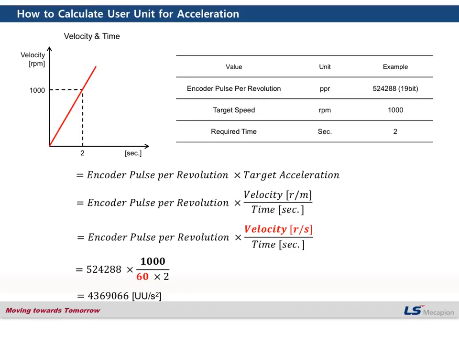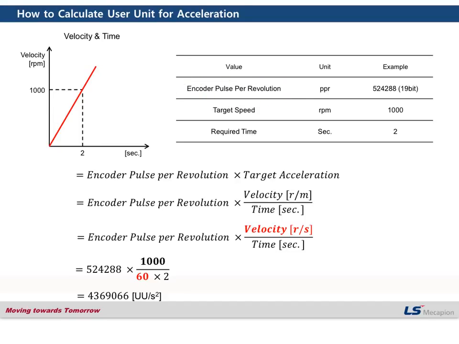In this chart, the target speed is 10,000 RPM, and the required time to reach 10,000 RPM is 2 seconds. Another thing we have to know is the encoder pulse per revolution, which we already know.